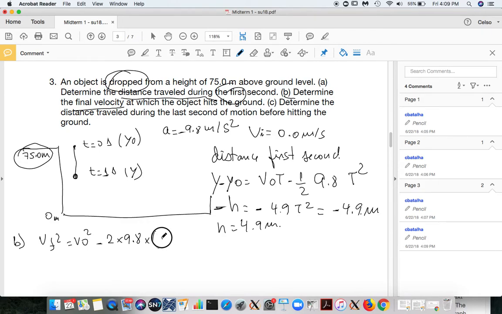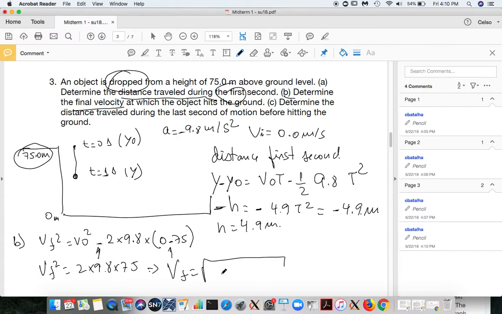And that is, final is 0 and initial is 75. So this negative sign over here cancels with the sign. So the final velocity squared is equal to 2 times 9.8 times 75. And therefore, we can find our final velocity as being the square root of all of that.